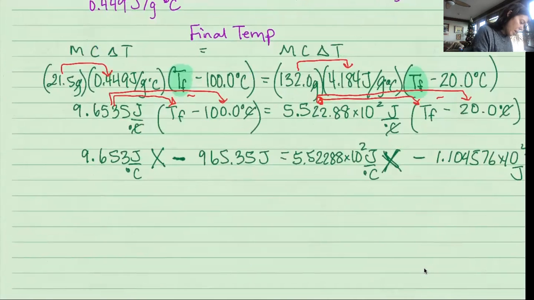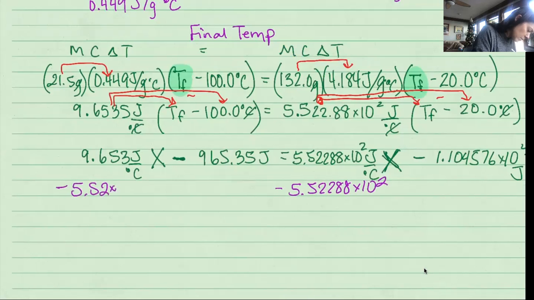Now I will combine like terms. So I'm going to subtract this X from this X. All right, that's going to give me a 0.